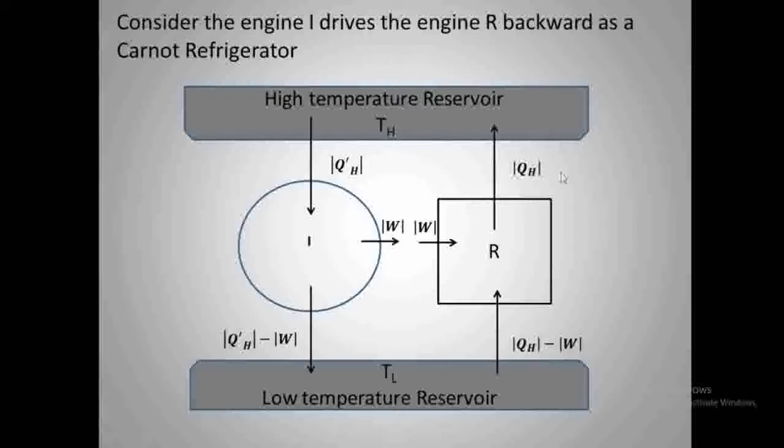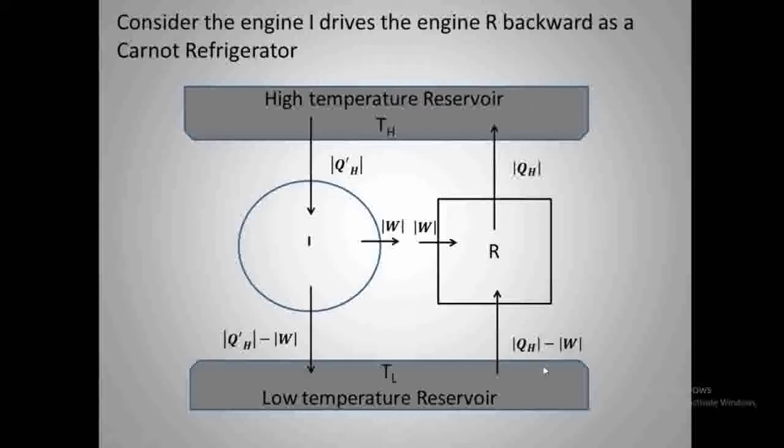Here it is a Carnot refrigerator. It is using the work delivered by the irreversible engine, and it extracts some QH minus W quantity of heat from the low temperature reservoir, and it rejects QH quantity of heat to the high temperature reservoir.